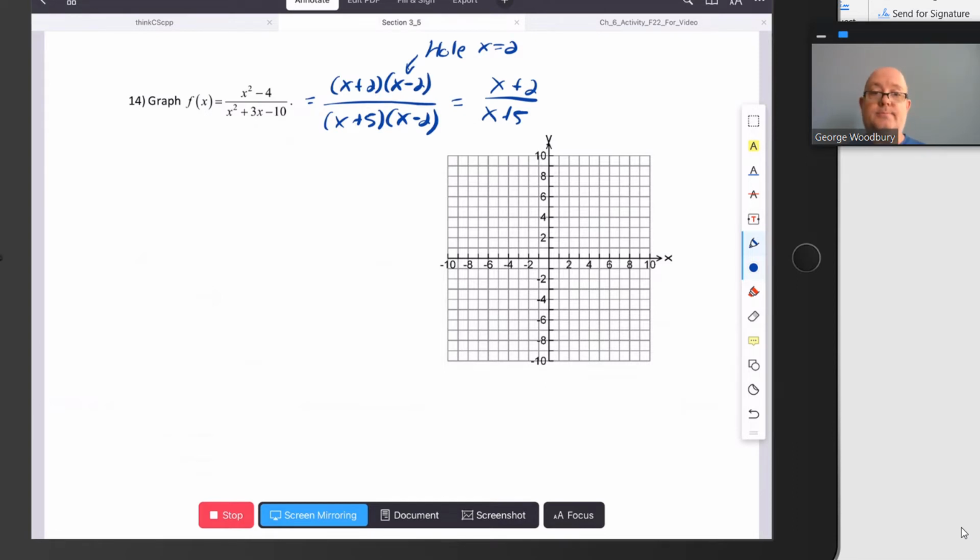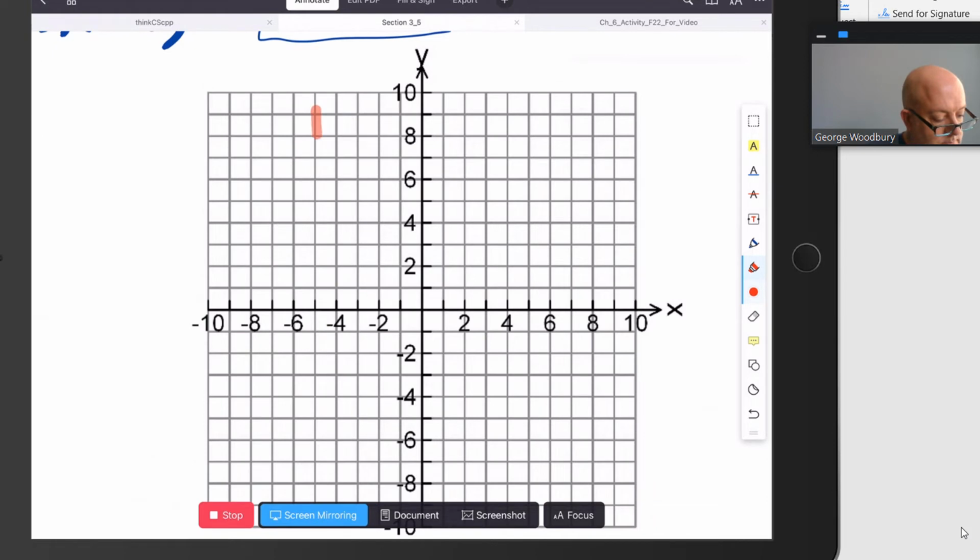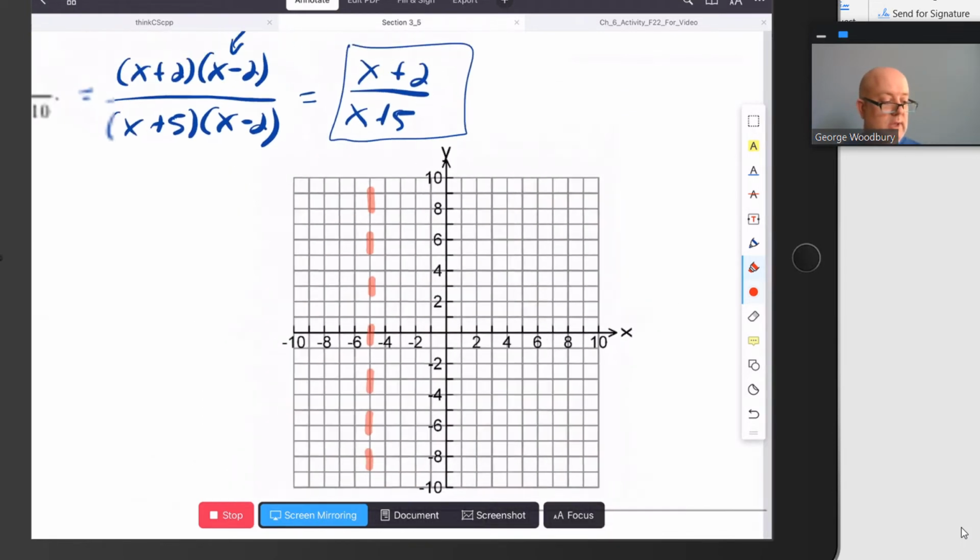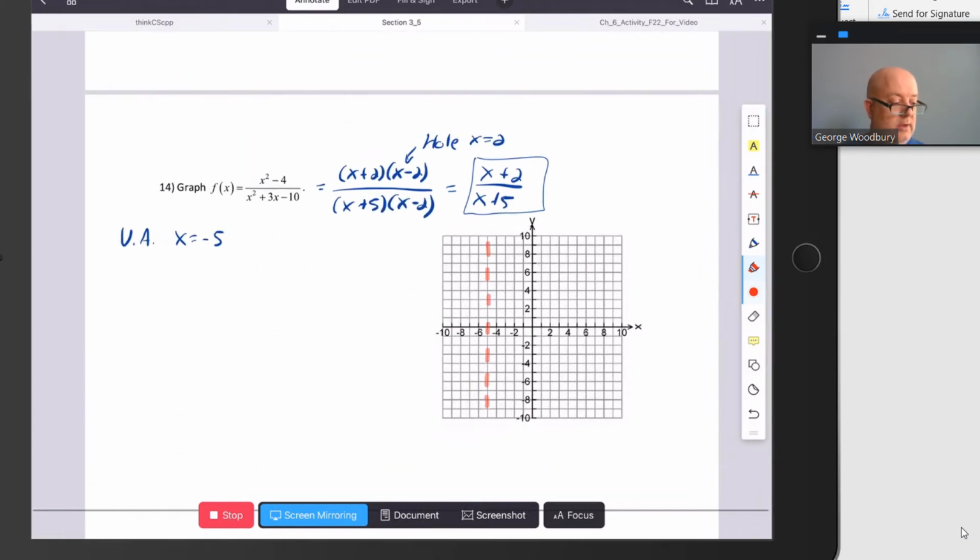All right. So first, if we just consider the simplified function, notice that the denominator has x plus 5 in it. That tells us that the vertical asymptote is going to be x equals negative 5. So I'm going to put that on the graph first. Then, if we look at the numerator and denominator, those have the same degree.